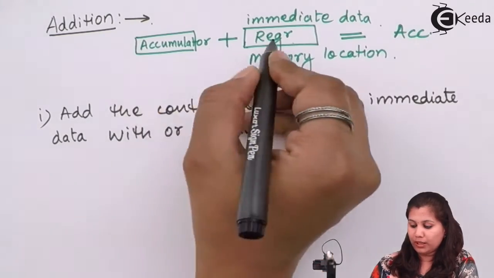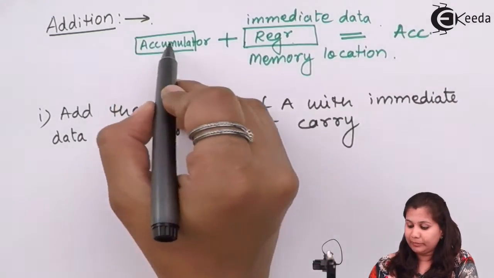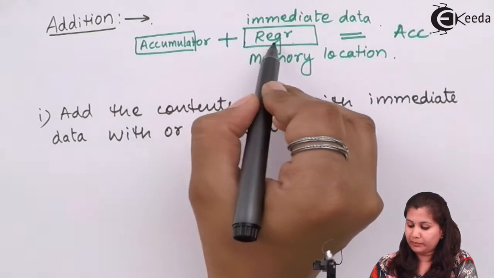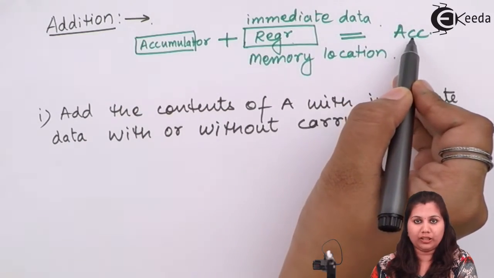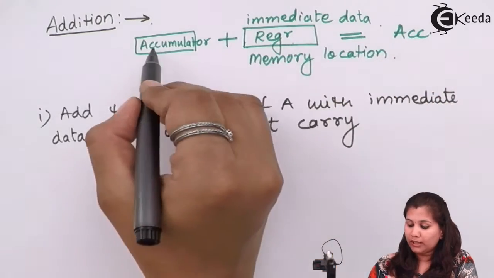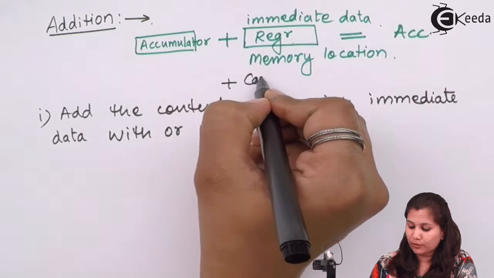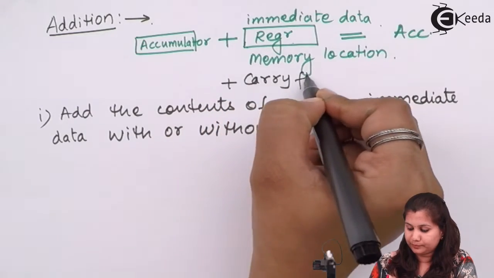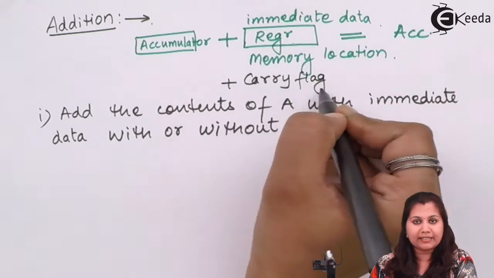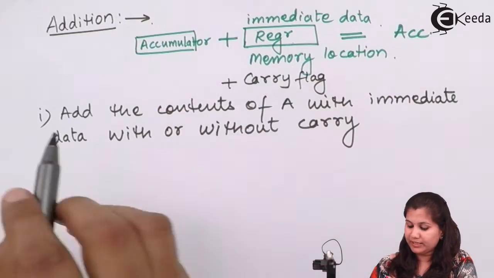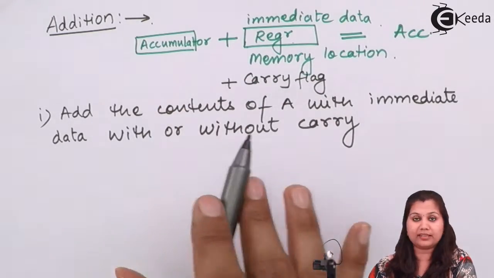Now when these two numbers are added, they can be directly added, meaning two 8-bit numbers are added and the result is stored in the accumulator. Also along with these two numbers, we have the carry flag. If the carry flag is used for the addition, then we say that this addition is with carry.